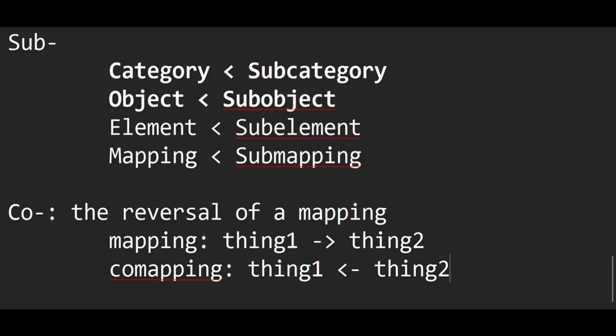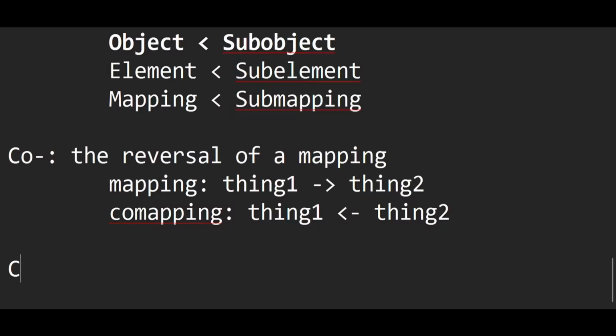So now we understand what categories, objects, elements, and mappings are, as well as the three specific types of mappings. All of this is used to create something called a commutative diagram.